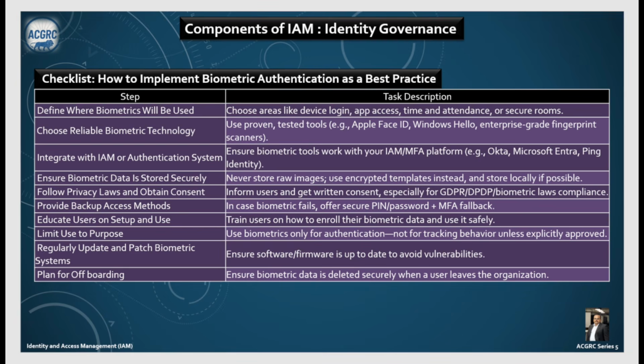In case biometrics fail, offer a secure PIN, password, or an MFA fallback. You don't want to rely on a single mode. But then you need to have a mechanism to track how many times the biometric did not work and people have to go for a secondary method to get in.